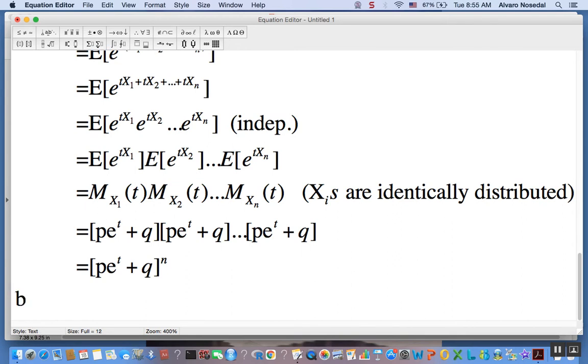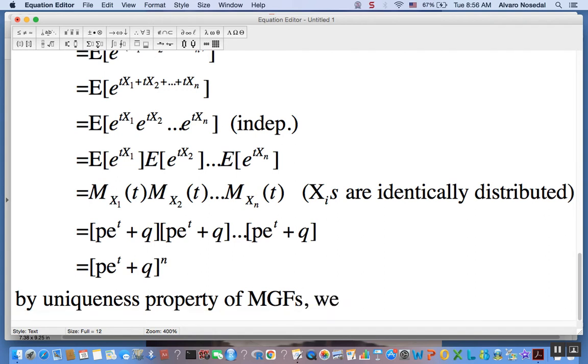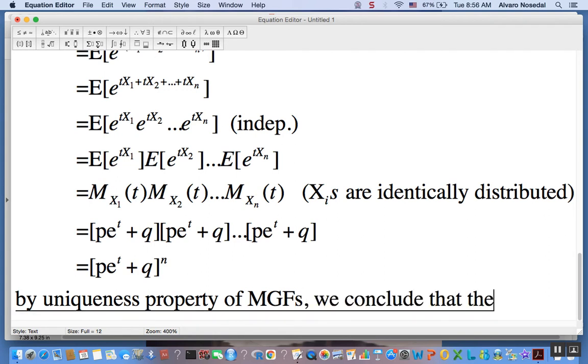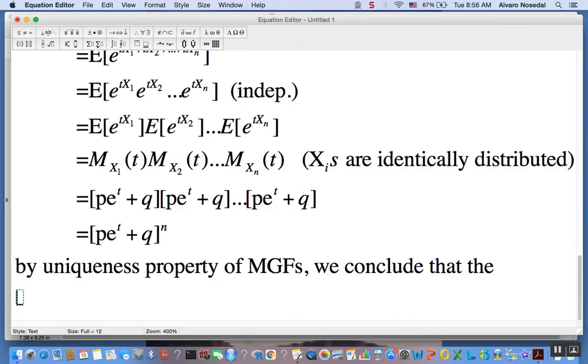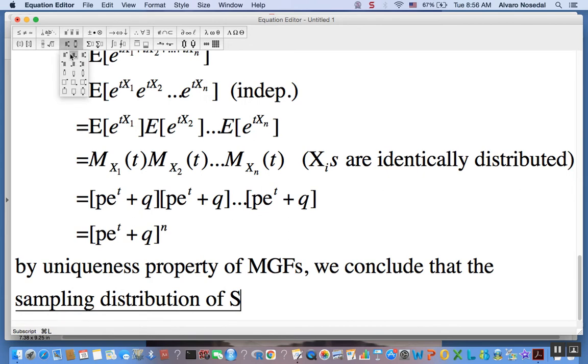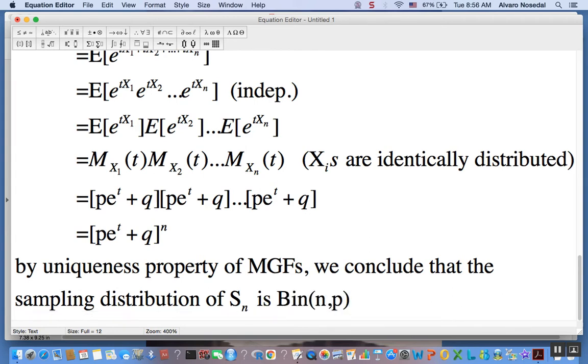So by the uniqueness property of MGFs, we conclude that the sampling distribution of Sn, which is the same as saying the probability distribution of Sn, is binomial with parameters n and p.